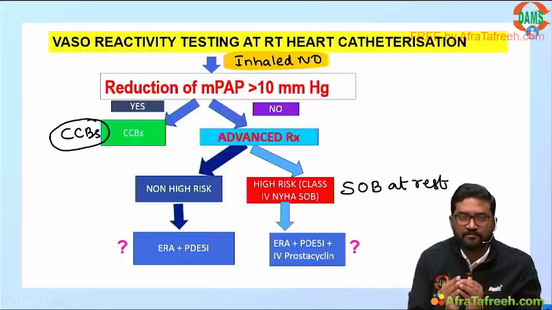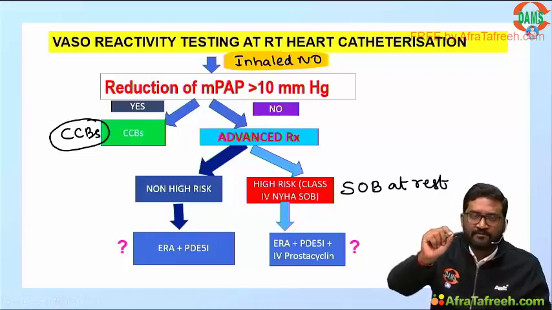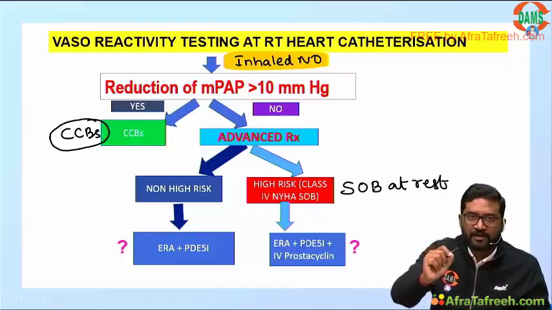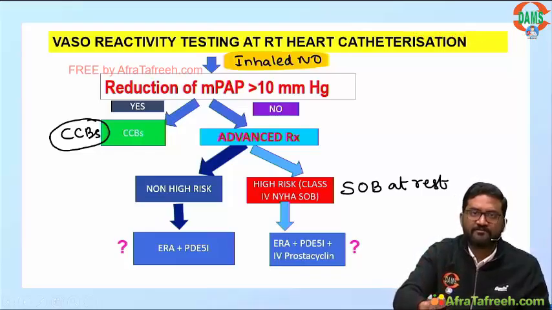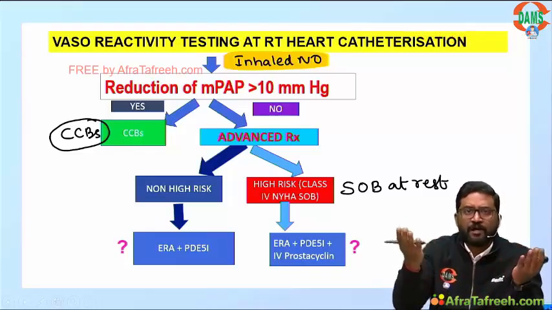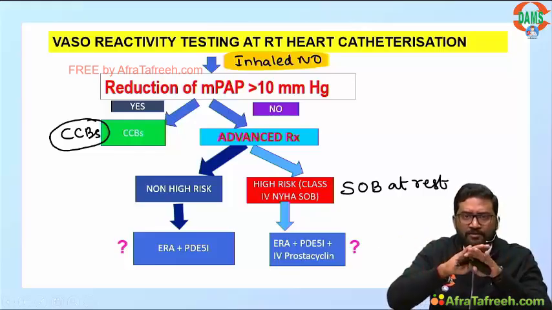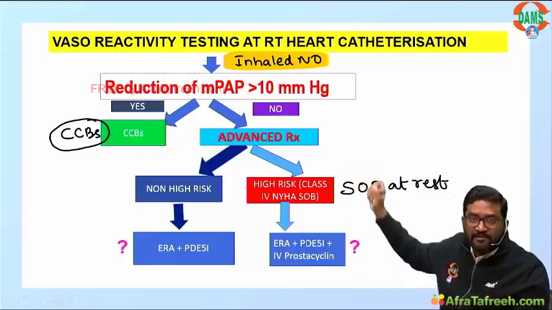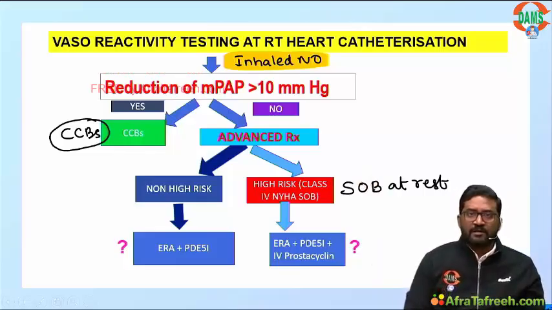So in very simple words, you do pulmonary vasoreactivity testing. After giving a single dose of inhaled nitric oxide, if the pulmonary artery pressure is significantly reducing, it is a well-responsive pulmonary artery, and you don't need to give costly medication. Simple calcium channel blockers will be sufficient. Now even after giving this, if there is no significant fall, you stratify the patient.